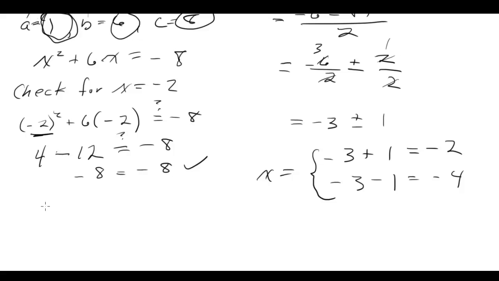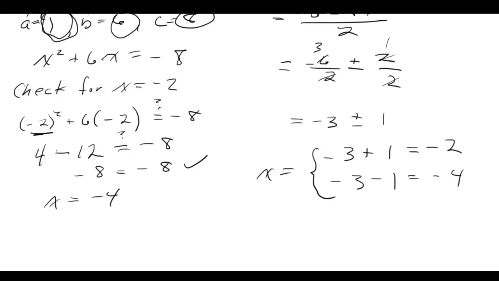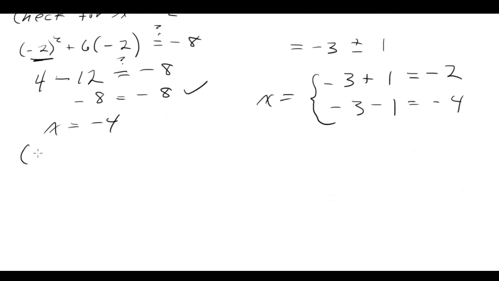All right, let's check for x equals minus 4. And what do we get? We get minus 4 squared plus 6 times minus 4. Does that equal minus 8? Again, minus 4 times minus 4 is plus 16. Alrighty. Plus. Oops. Plus times a minus is not a plus. It's a minus.